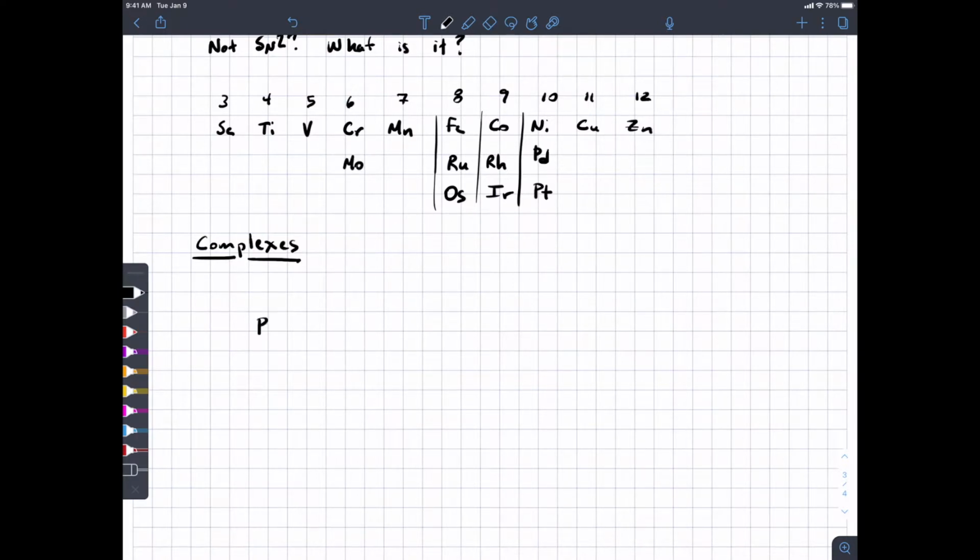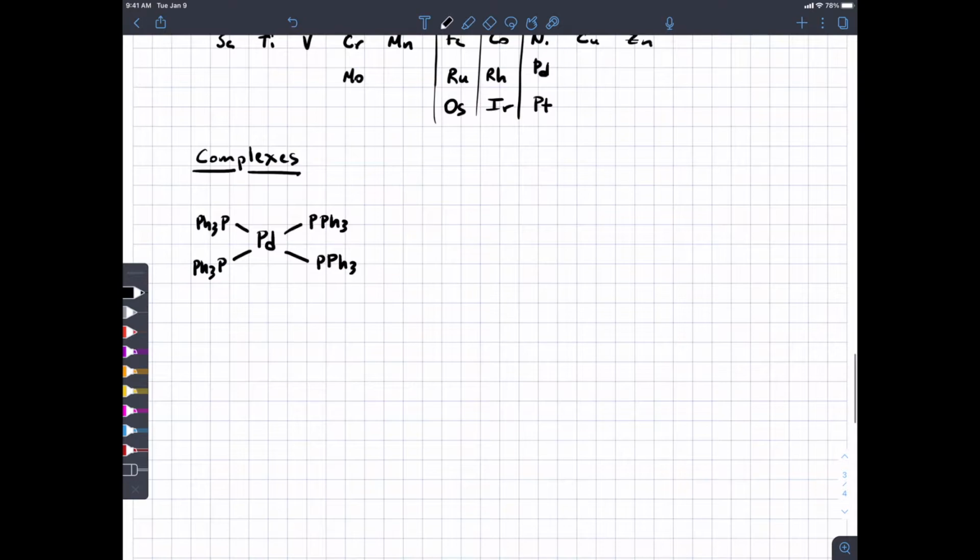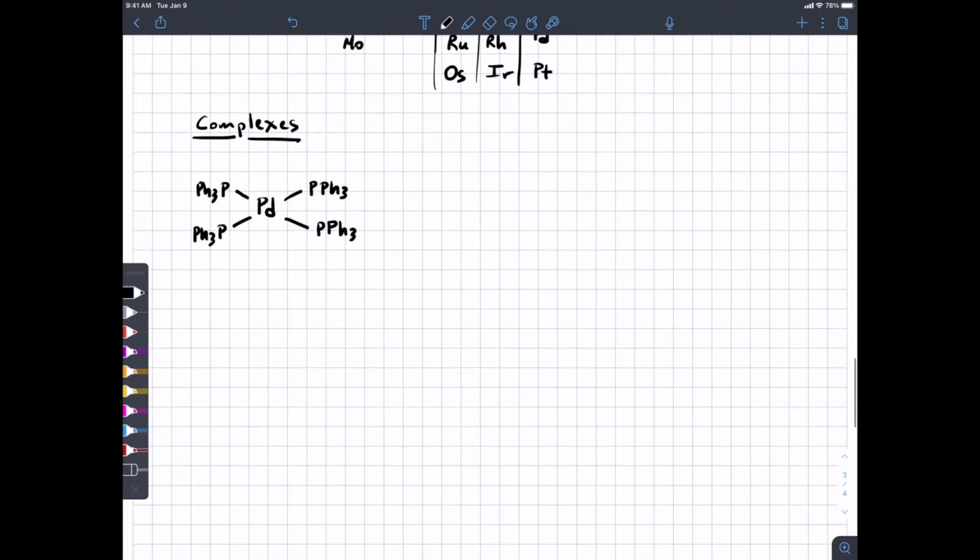So here is a transition metal complex. We're not going to worry very much about the geometry of these complexes. If you want to know more about that, you could take inorganic chemistry. This is tetrakis triphenylphosphine palladium. And overall, the complex is neutral.